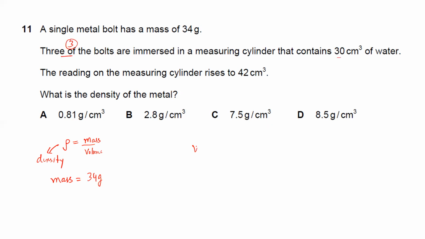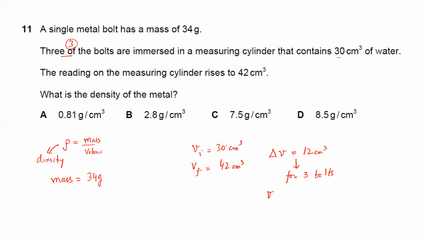So the initial volume is 30 centimeter cube. The final volume is 42 centimeter cube. So the change in volume, delta V, is 12 centimeter cube. And this is the volume for three bolts.